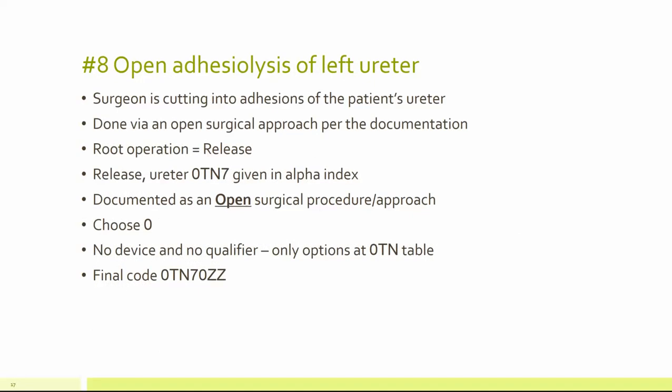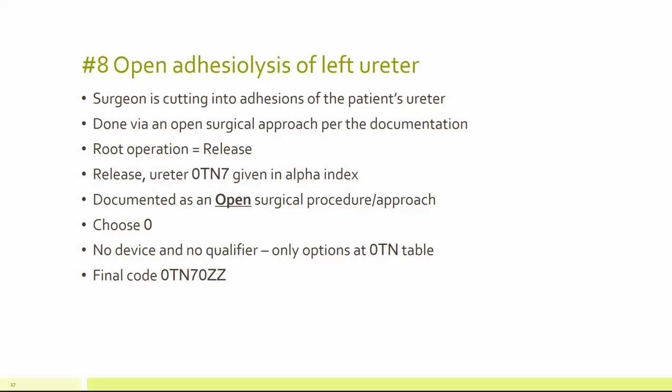Number 8, open adhesiolysis of the left ureter. This patient has internal adhesions in their left ureter. Adhesions are overgrowth, basically, of tissue that can cause blockage. Typically, people get adhesions after having surgery in a certain area.